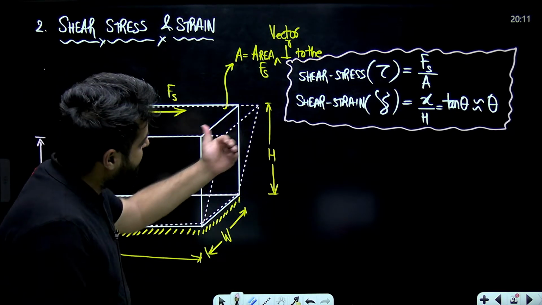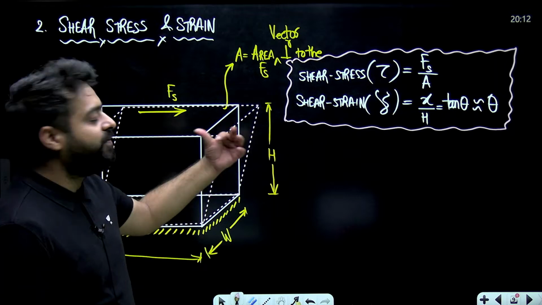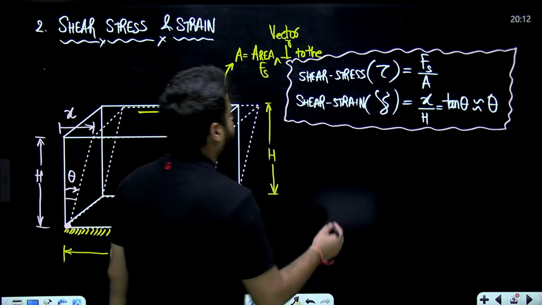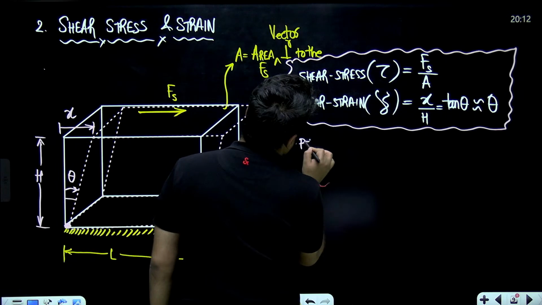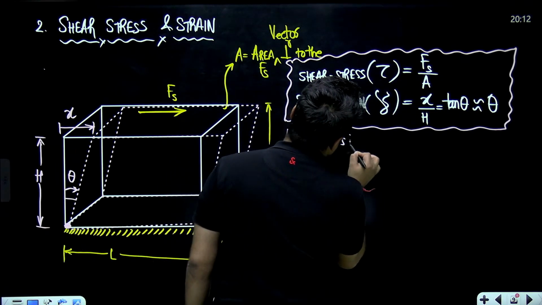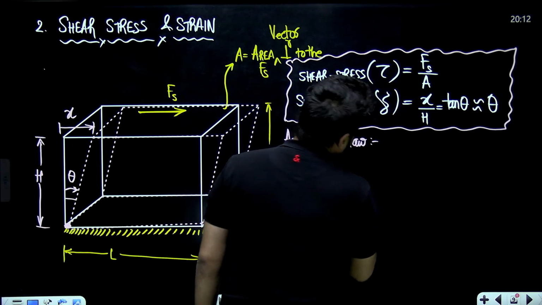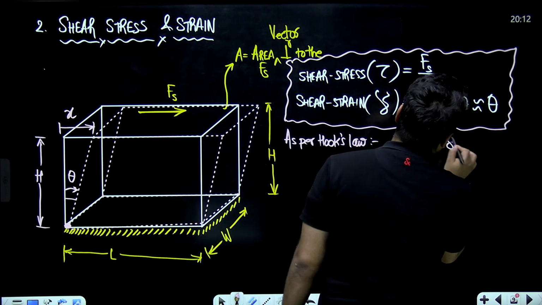Whatever the theta value is, the same thing is the shear strain. And when you define this, Hooke's law comes into the picture. So as per Hooke's law, can I say the stress is directly proportional to what? Strain.